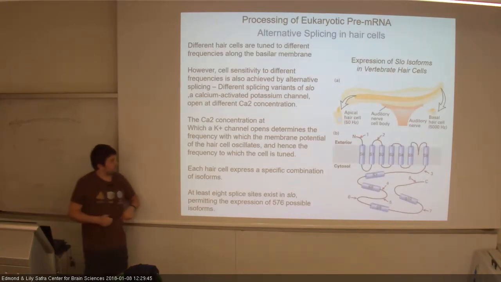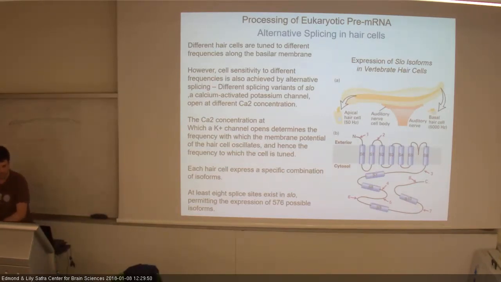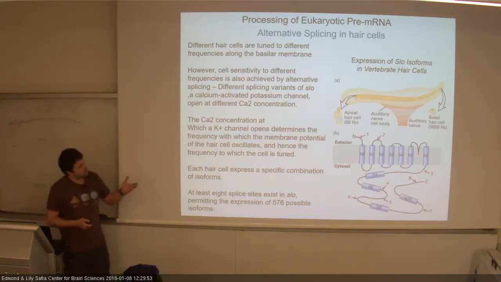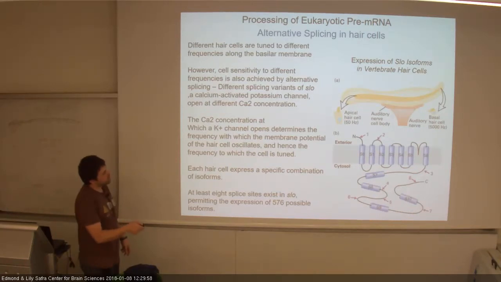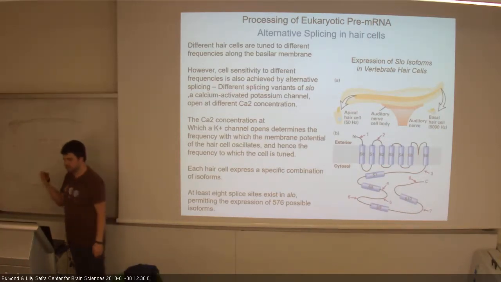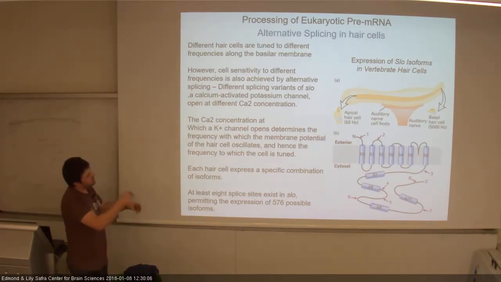syndrome. A second example of alternative splicing, which you would never think about before, is how alternative splicing changes the activity of hair cells in your cochlea. The cochlea is the organ in the ear that is responsible for hearing, and this is the cochlea spread out. Normally it's in this looped structure, like a snail. But it has a special type of membrane, which is thicker on one side and thinner on the other.